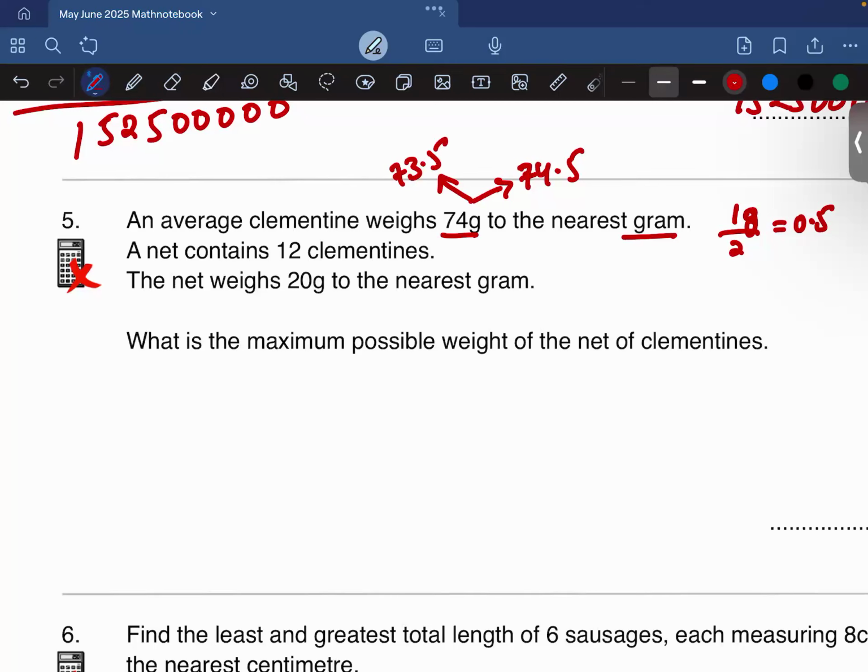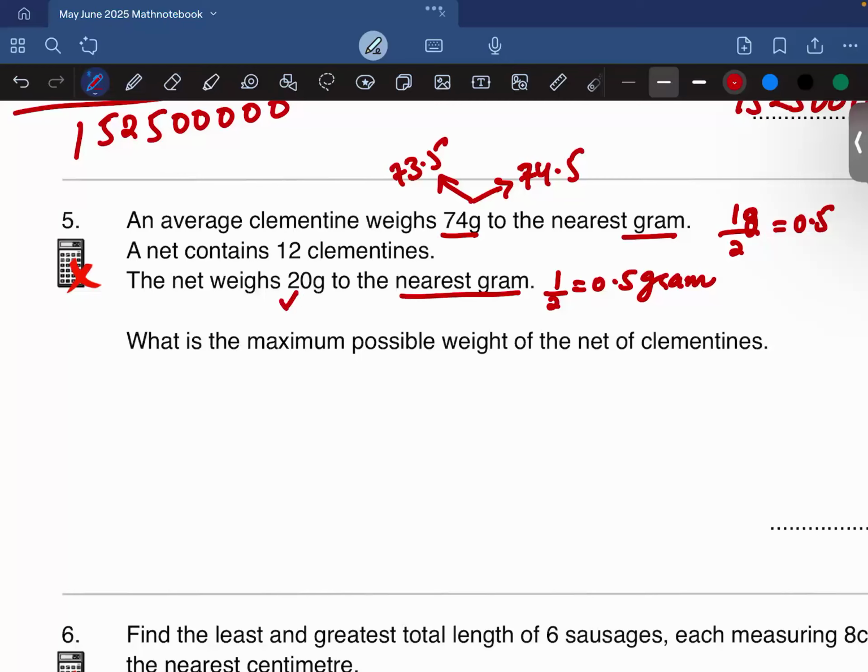A net contains 12 clementines inside and the net weighs 20 grams to the nearest gram. So nearest gram means 1 gram, and half of that is 0.5 gram.